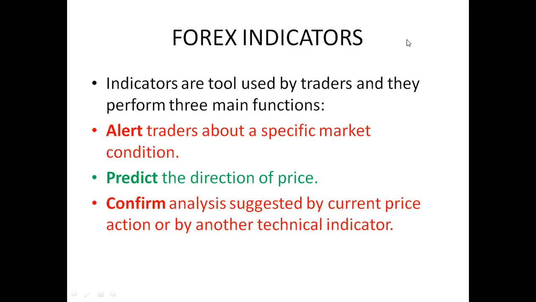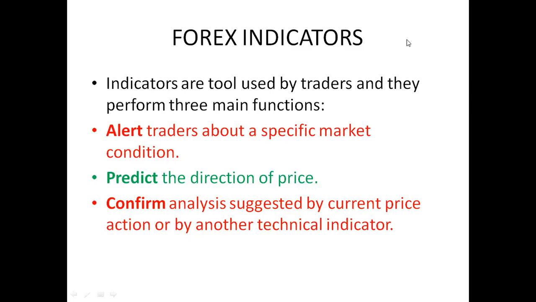These indicators help you to identify that. And then they also help you to predict the direction of the market. For me, I would say they help you to know whether the market will go up or come down.